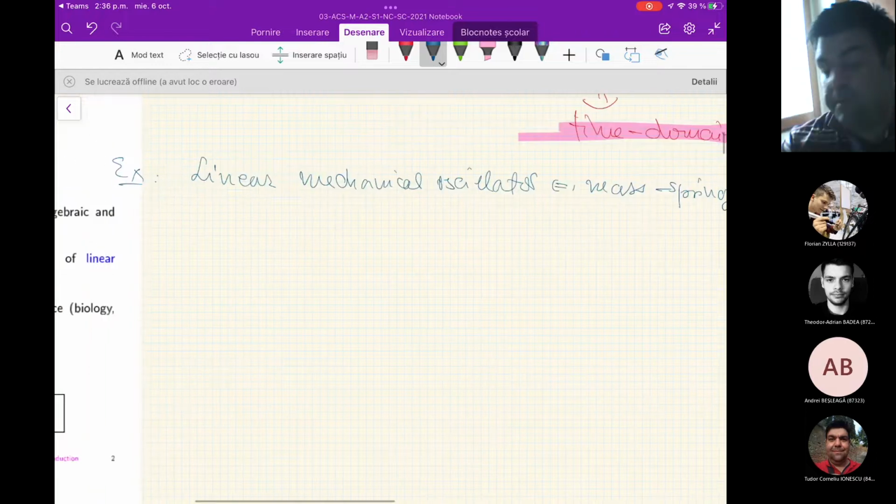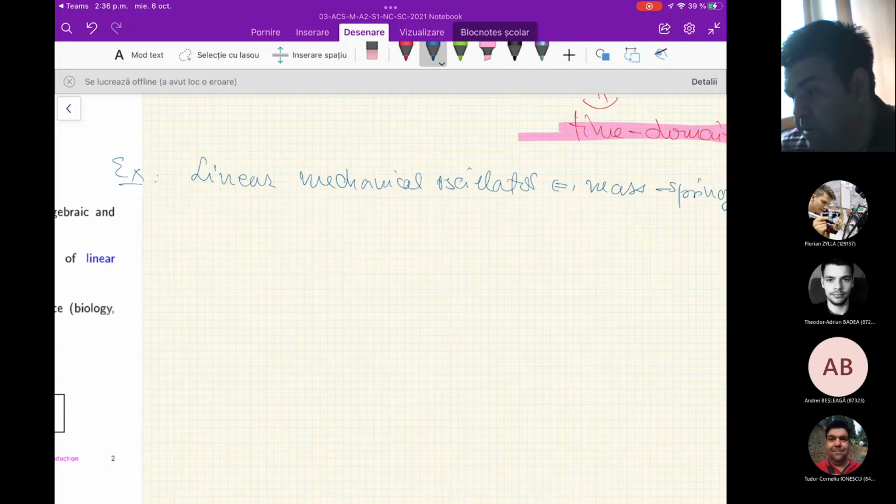Yeah, this is a mechanical system. This is characterized mainly by a second order differential equation, like most of the mechanical devices or mechanical phenomena, especially those based on laws of motion or motion principles.